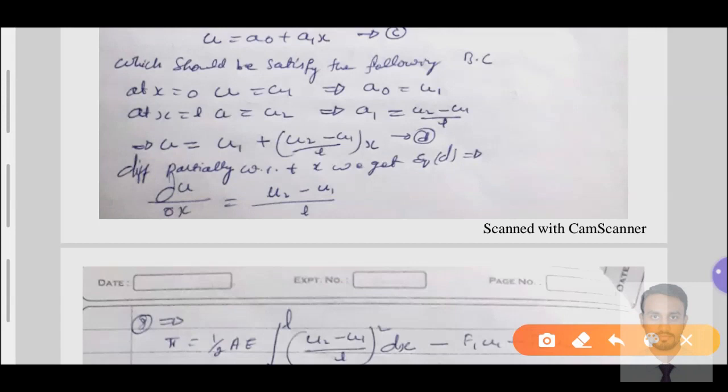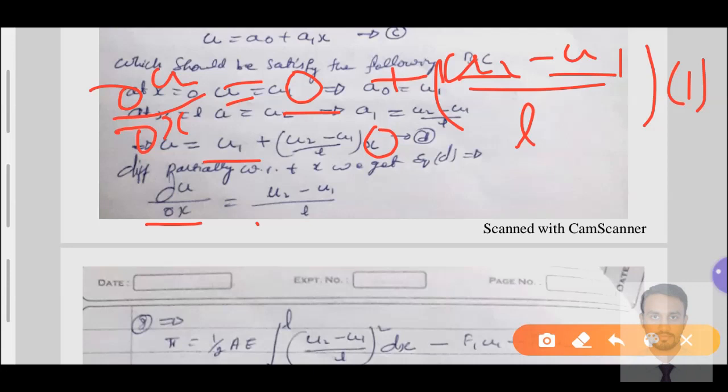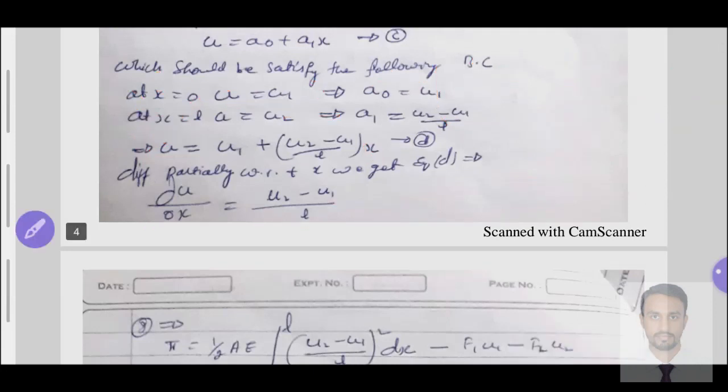We get dou u by dou x is equals to 0 plus u2 minus u1 divided by L into 1. The differentiation of u1 is 0 because it is a constant. So dou u by dou x is equals to u2 minus u1 whole divided by L. Now dou u by dou x has been found.